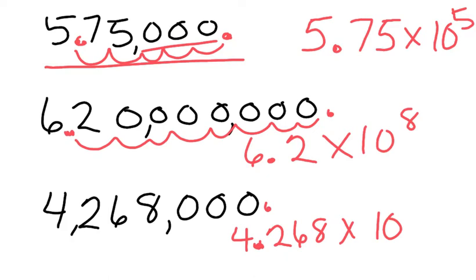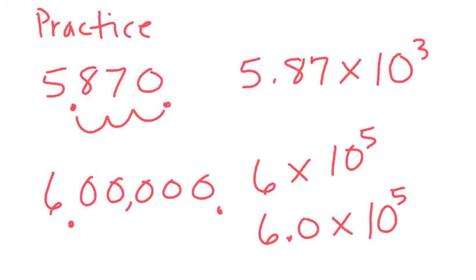Then we're going to count from here to here. 1, 2, 3, 4, 5, 6. Okay, easy, right? Okay, practice these two. Write them both in scientific notation, then check to see if you got them right. Here's the answers. On the second one, I put both possible answers. I really don't care which one you use, whatever works for you.